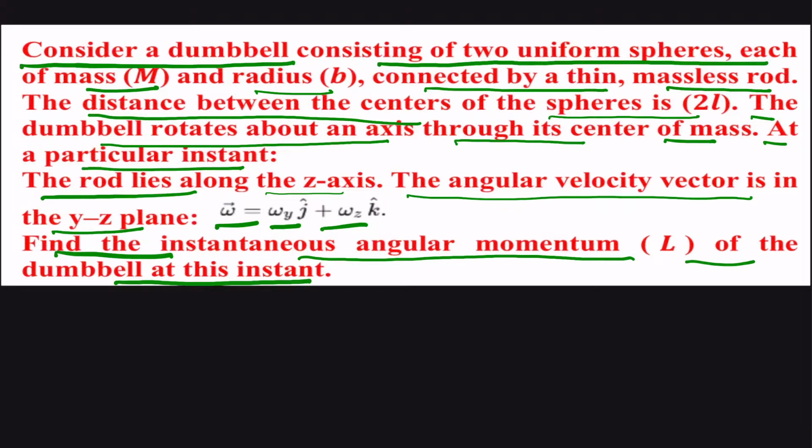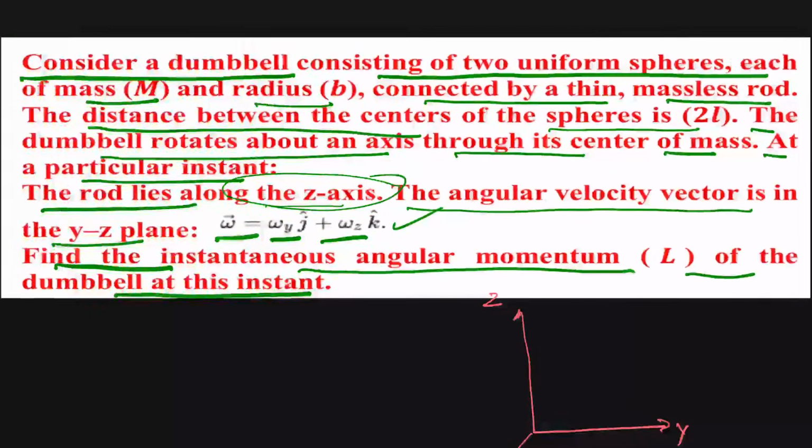Okay. So we are given a particular instant, and that instant states that the rod is along our z axis, and during that the angular velocity is in the yz plane, and its equation is given to us. So we can just draw the approximate figure for that, and let us draw first of all our axes.